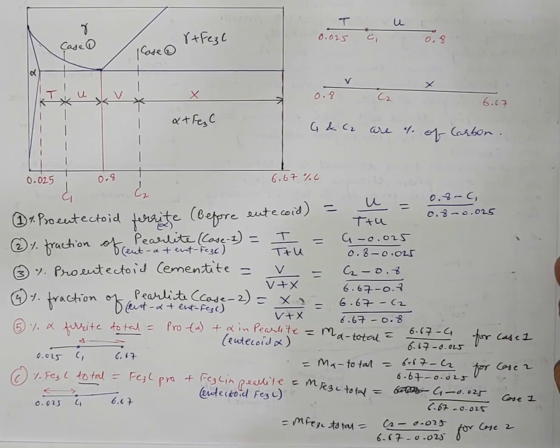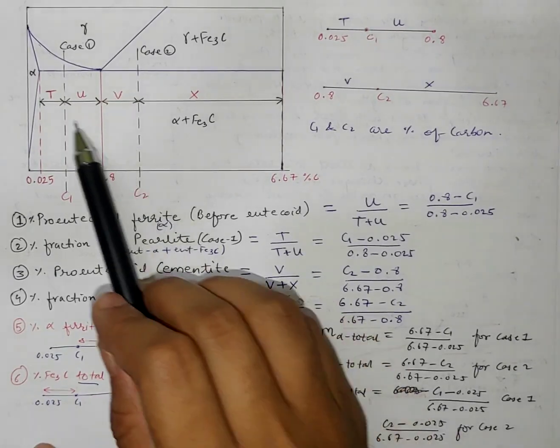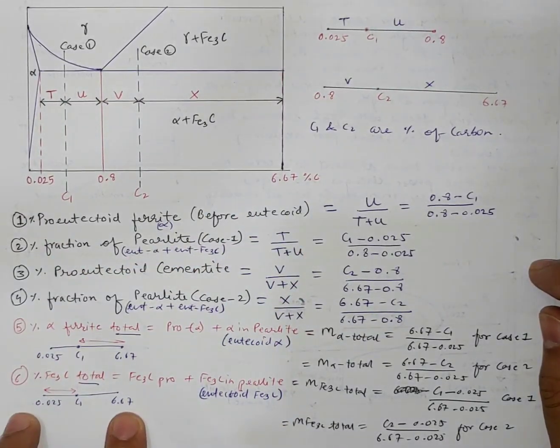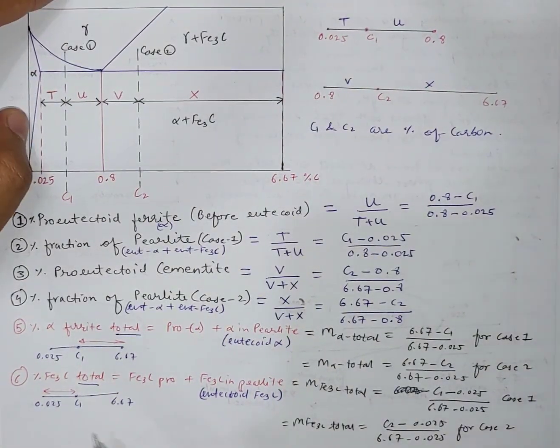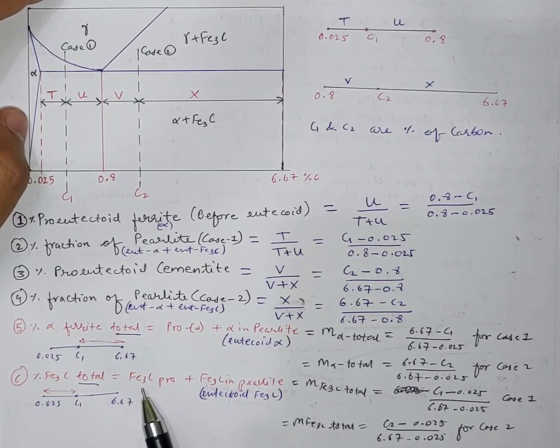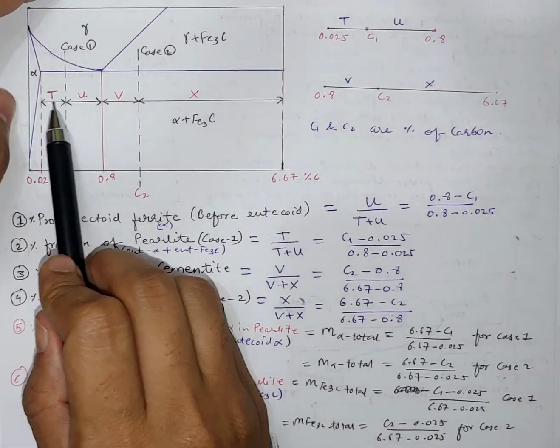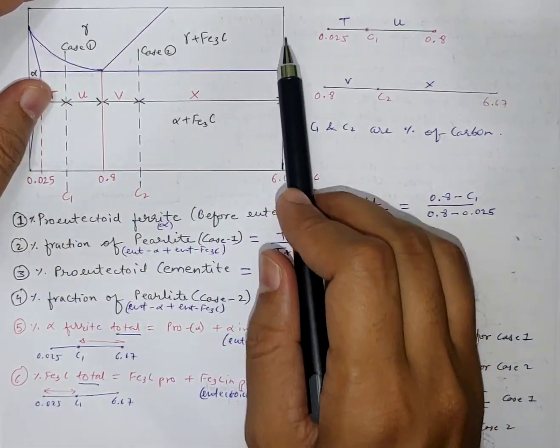Now in the same manner we can also calculate the total cementite percentage, Fe3C total. For total we have to consider the tie line 6.67 to 0.025. Now for the C1 point we are calculating Fe3C. Here it will be proeutectoid Fe3C plus what is present in the pearlite. So the total mass will be given as C1 minus 0.025, meaning this T length, because cementite is present on this side.